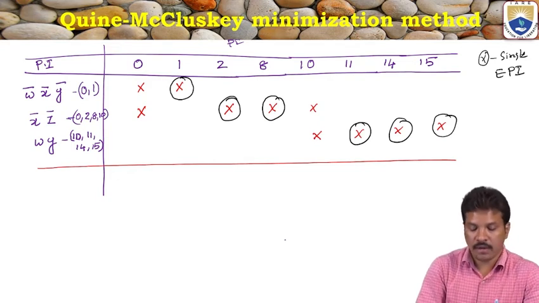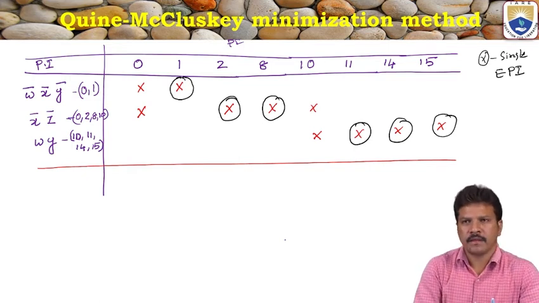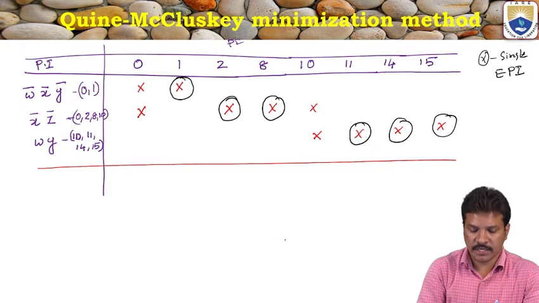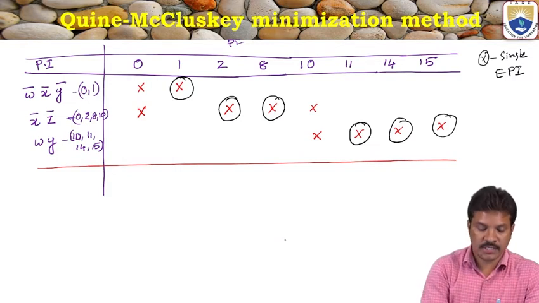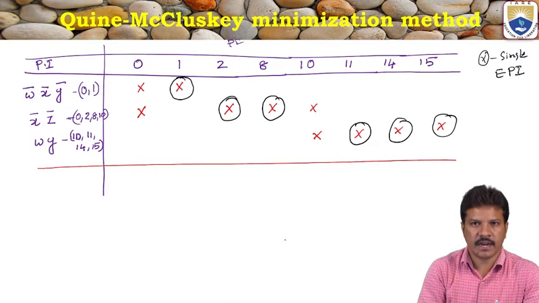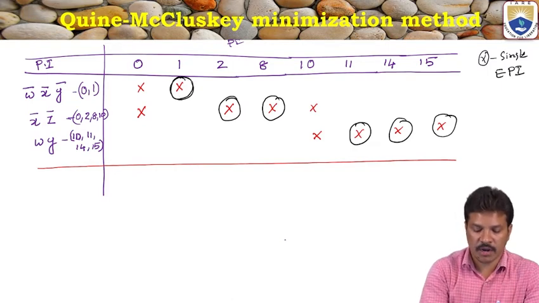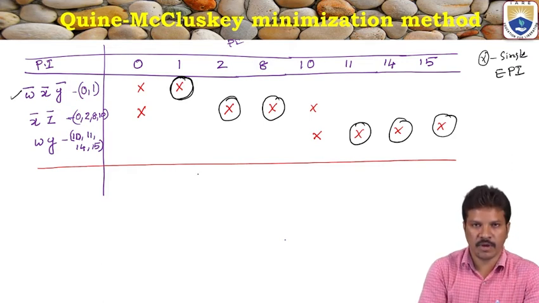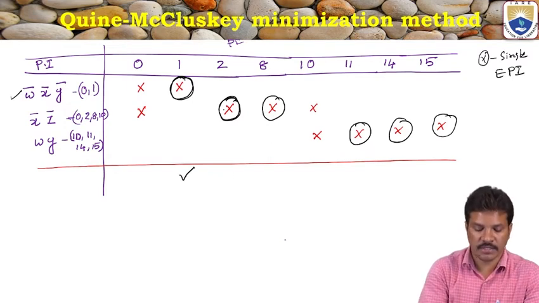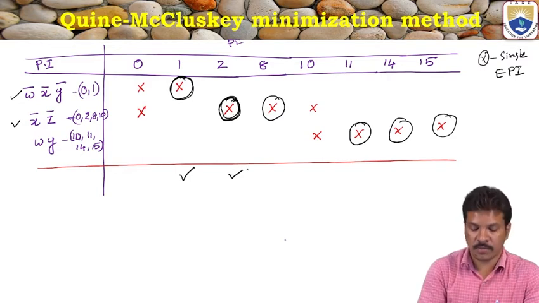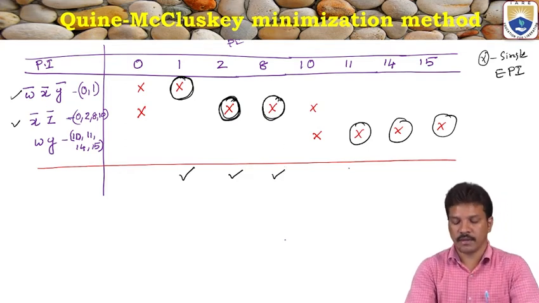So here, we cross these essential prime implicants. Essential prime implicant 1 is covered by the first prime implicant, W bar, X bar, Y bar, so we put a cross mark. These are covered by the second prime implicant, so we take the cross marks.